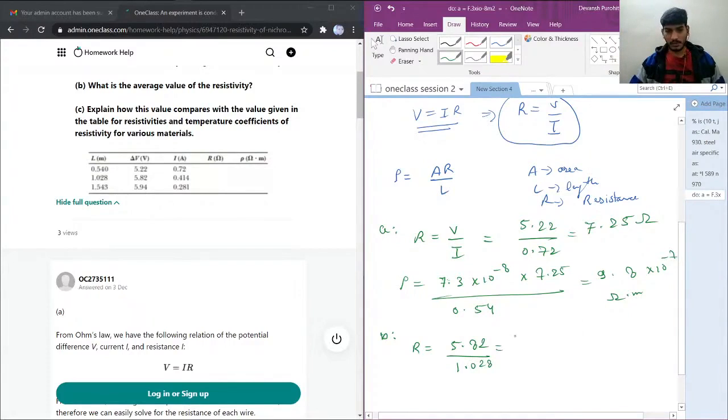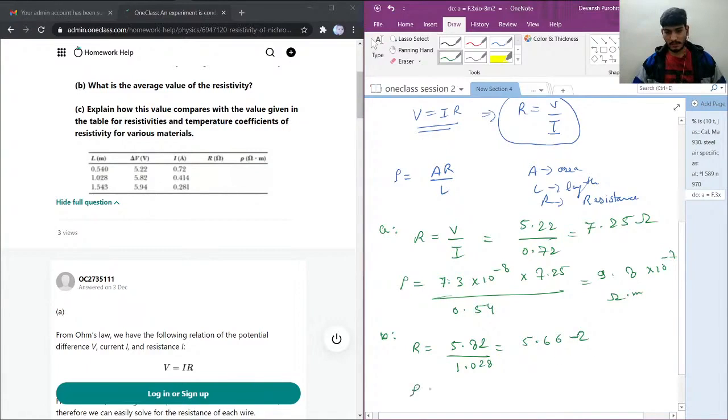Using the calculator, 5.82 over 1.028 will be 5.66 ohms.